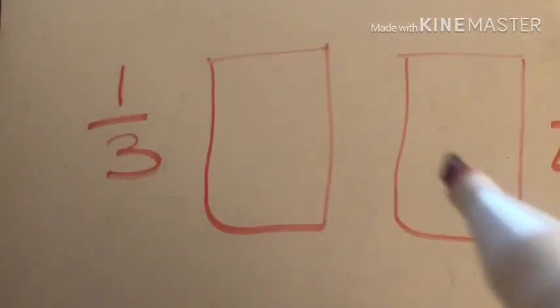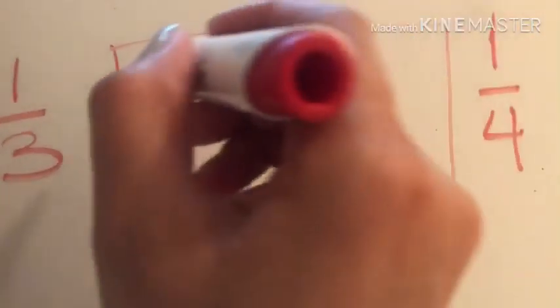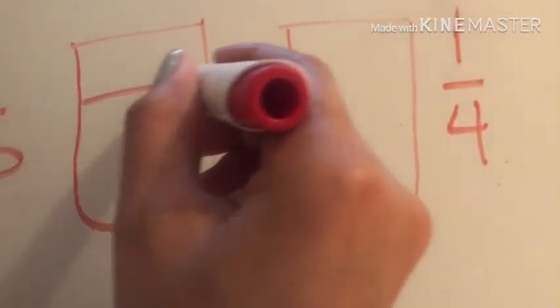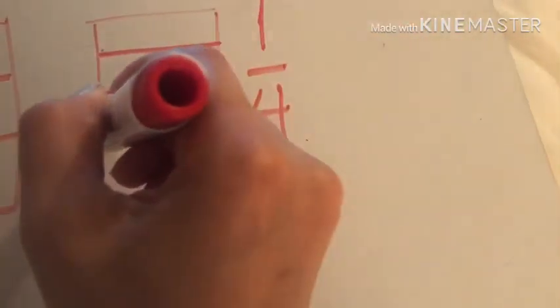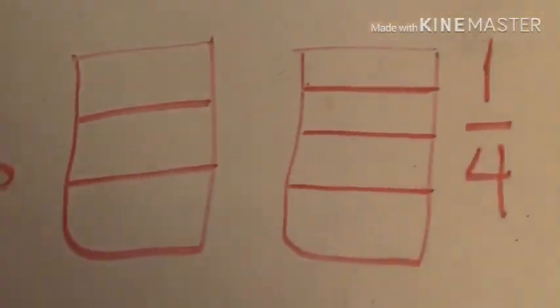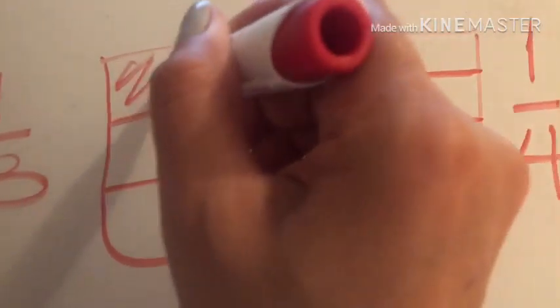So okay, let's start with this one. How many pieces do I have to partition this one into? 3 equal pieces. I'm going to do my best. 1, 2, 3. And the other one I have to partition into 4. 1, 2, 3, 4. So how many am I going to take from here? 1, right?